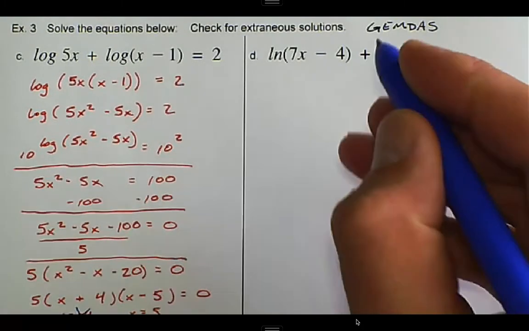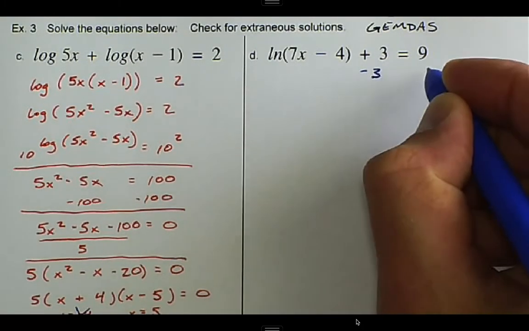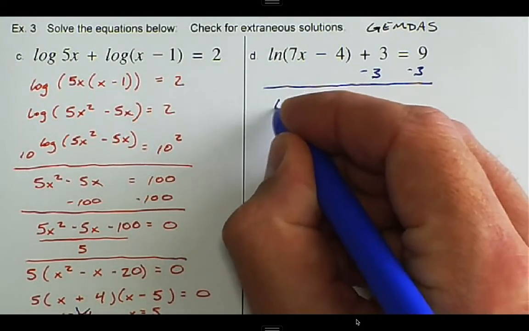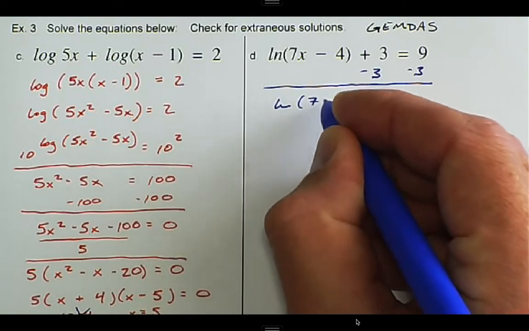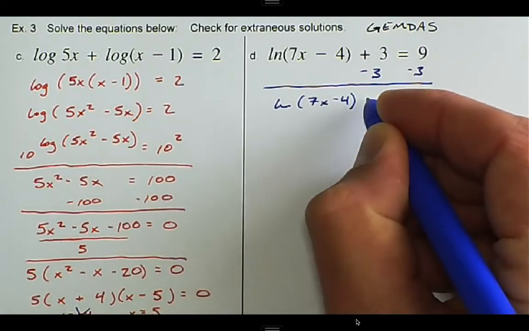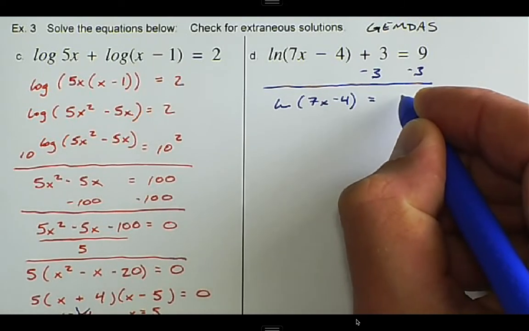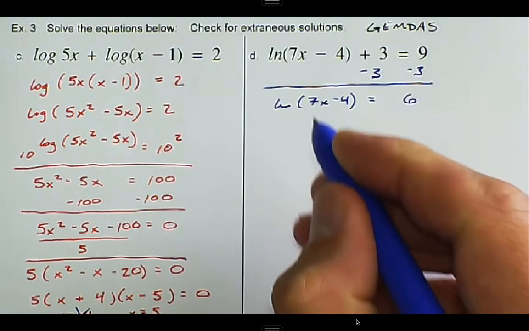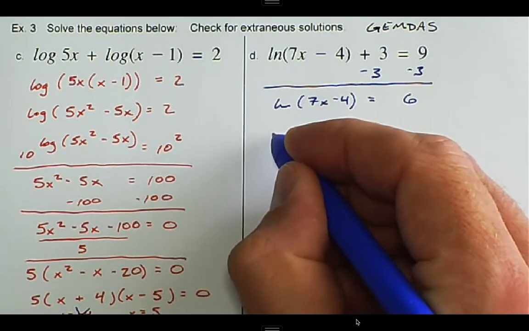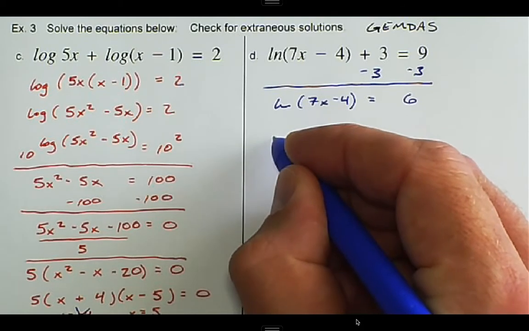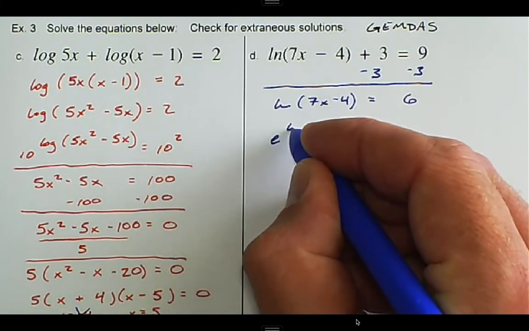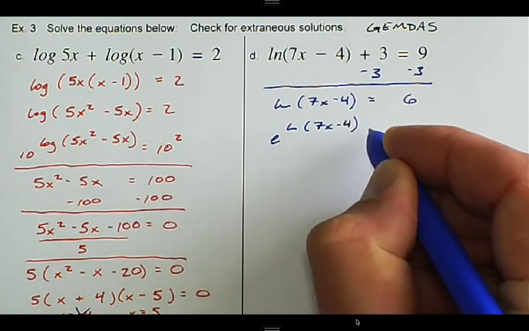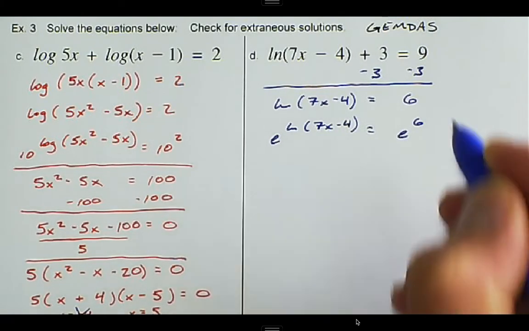The first thing we have to do is subtract 3. And then we get the natural log of 7x minus 4 is equal to 6. Then we can exponentiate both sides of the equation. Because natural log is base e, we want to say e to the natural log of 7x minus 4 is equal to e to the 6th.